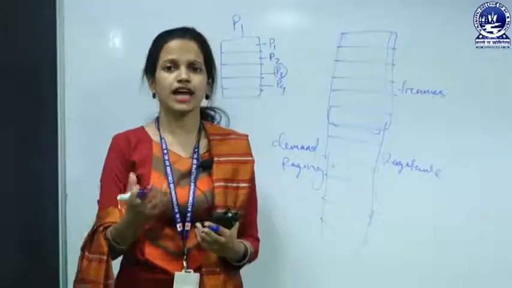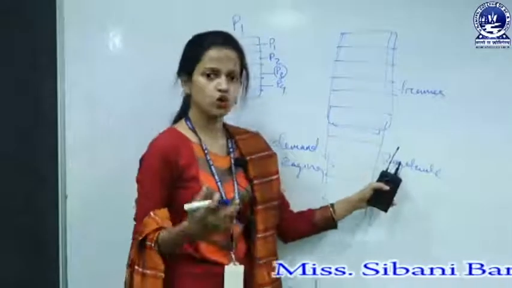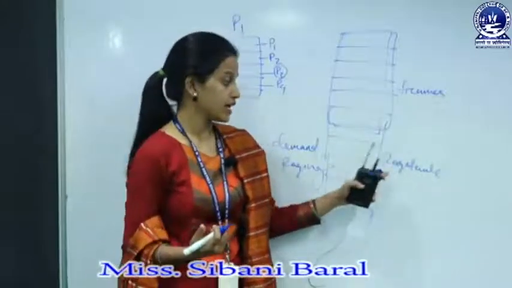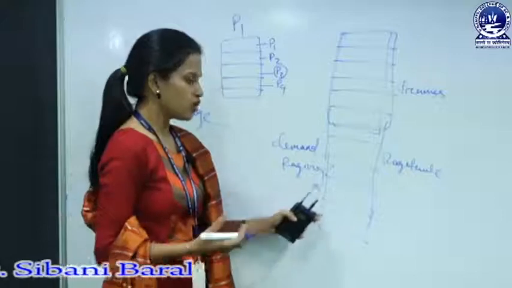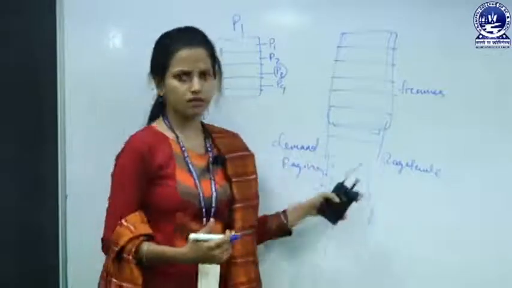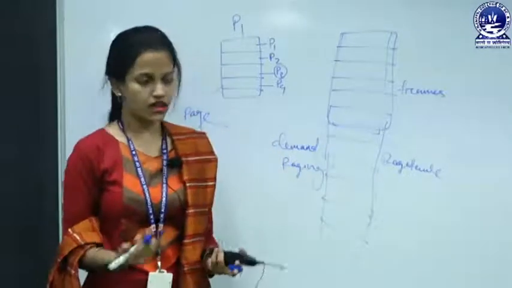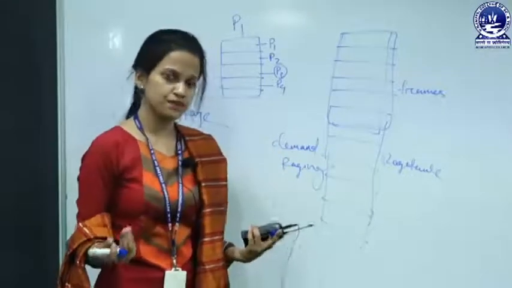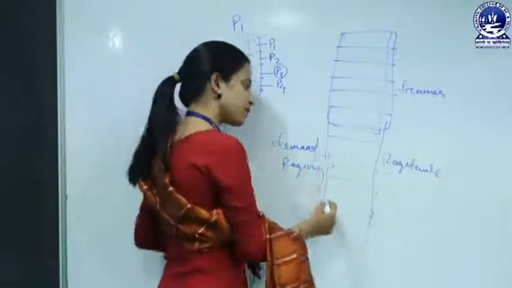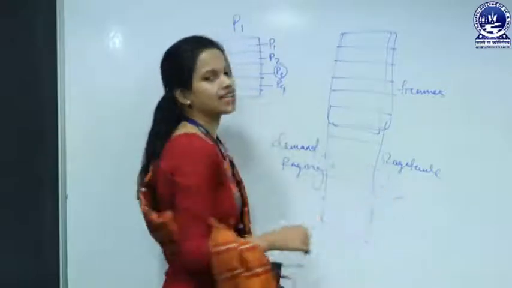What would be your answer? The obvious answer is that the page fault would decrease, because if the size of the main memory increases, more and more processes would reside in the main memory, and there will be less chance of page faults and page replacement. So when the size of the main memory is increased, page faults will decrease.